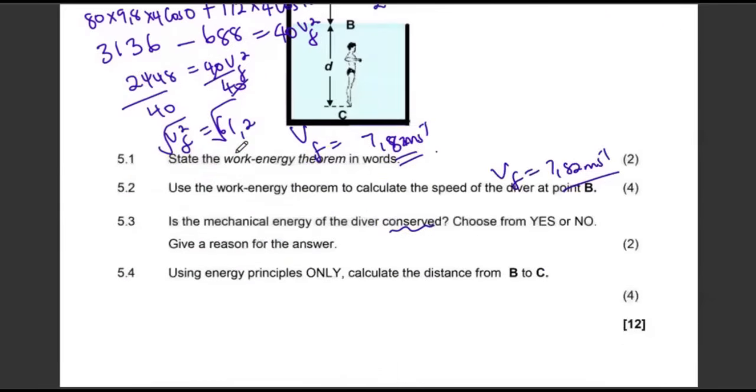So the answer is going to be a no. Reason: the net work done is not 0. Someone could also say that it's a no because there is the presence of friction forces that will be doing work.